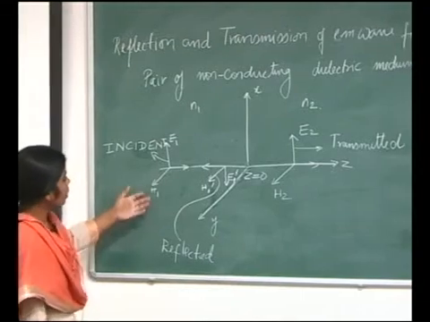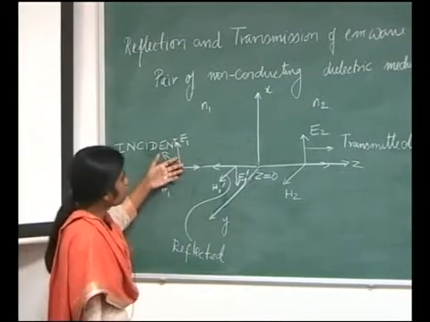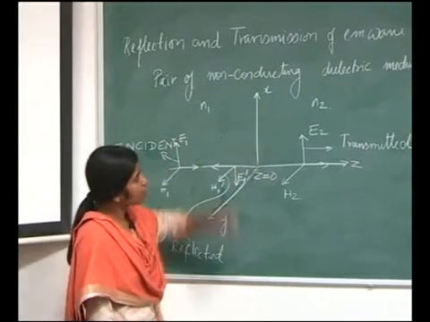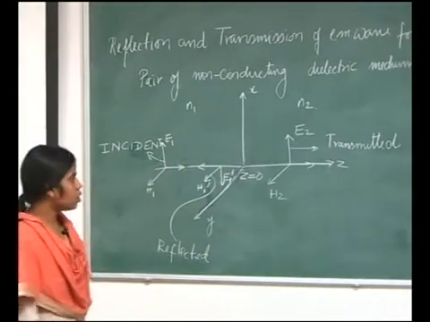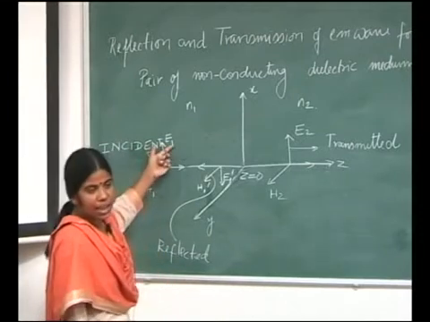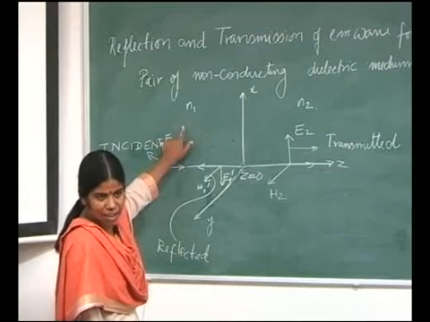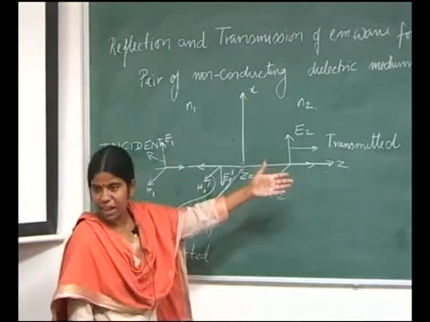Now, the direction of incidence is perpendicular to the interface, that is why we call it normal incidence. So, I can now define E1 as, see this E1 is oscillating along the x axis, but moving along the z axis, okay.